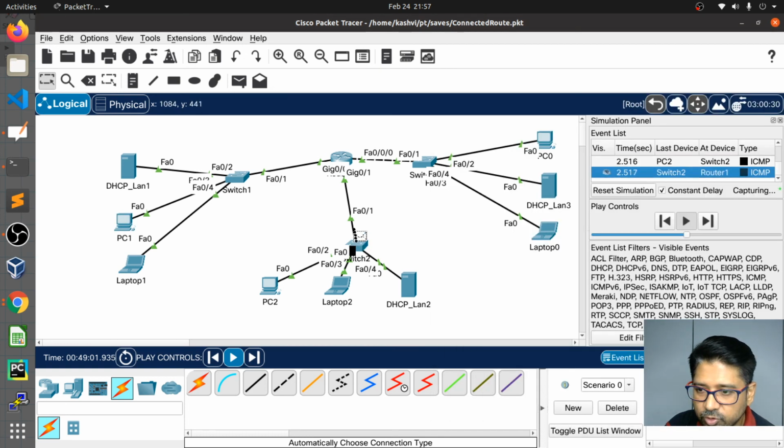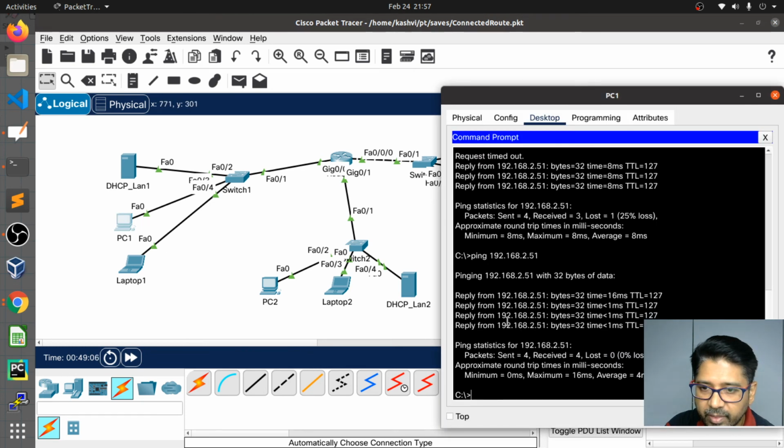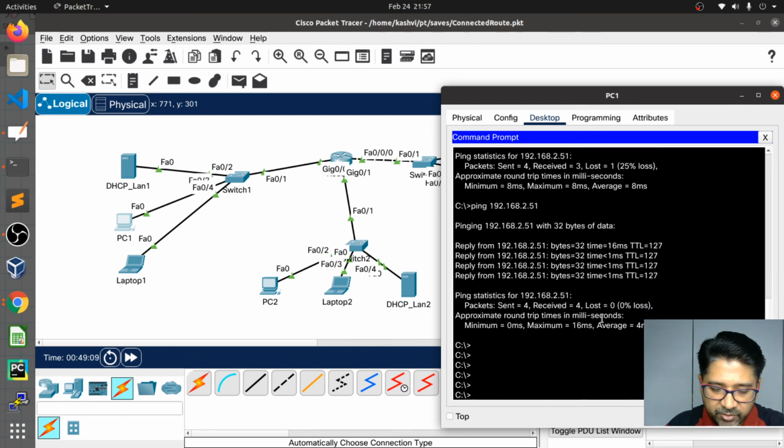You can see this is the right path they follow through the router, because the router is associated with it. I'm going to stop this simulation, and you can complete our ping. Here you have only one router, so you can see how many gateways and routers you cross throughout the path.